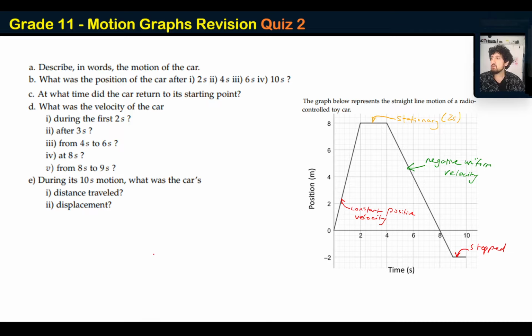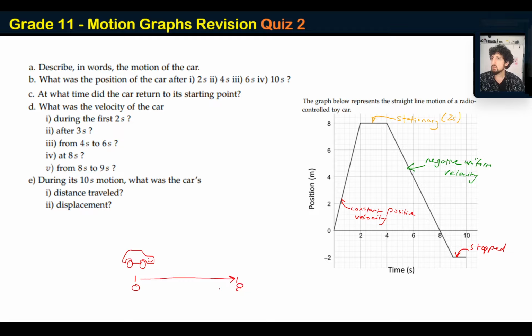So what happened, we've got the car, sorry, let me draw the car. Here we go, that's the car. And we start at position 0. And what did the car do? It went all the way forward to position 8.